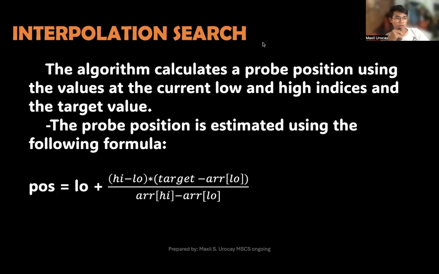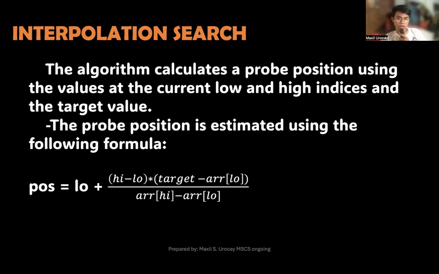Given the low and the high index, array low and array high are the elements at those indices, the given elements already. The target is the number that you are searching for, the element itself.